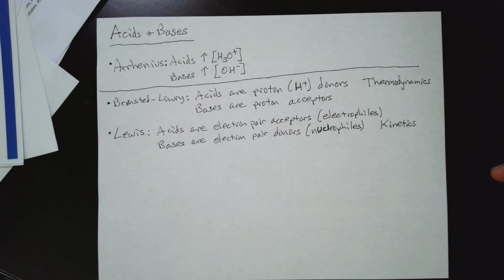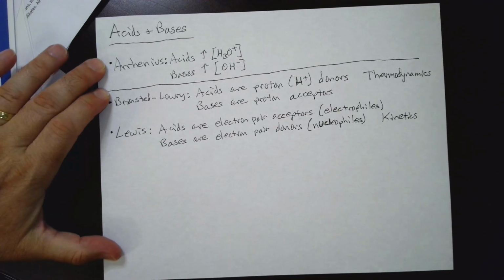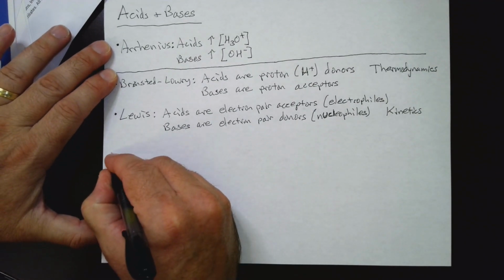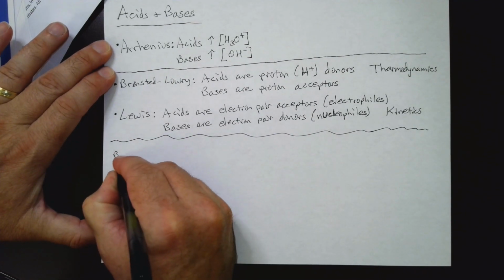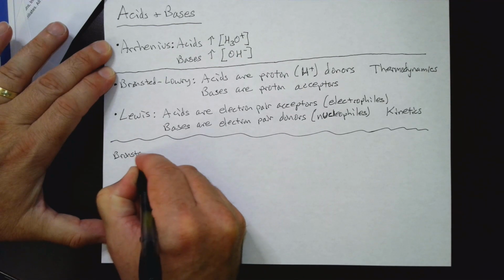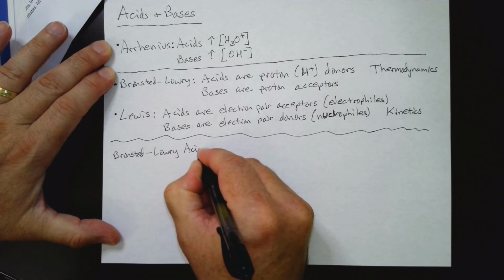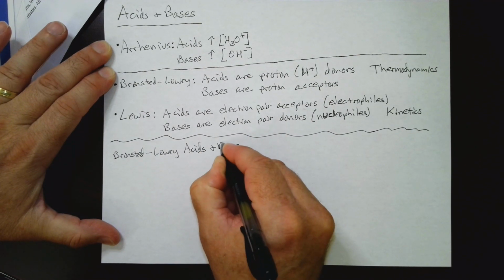So let's take a look then in a little more detail at these definitions. First of all, let's look at our Bronsted-Lowry acids and bases.